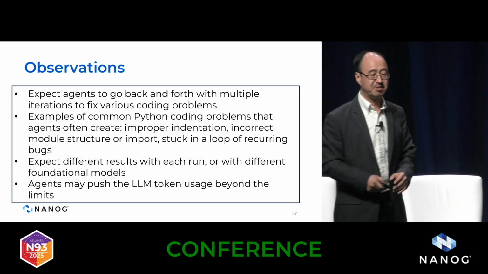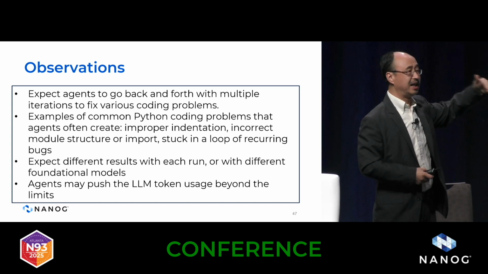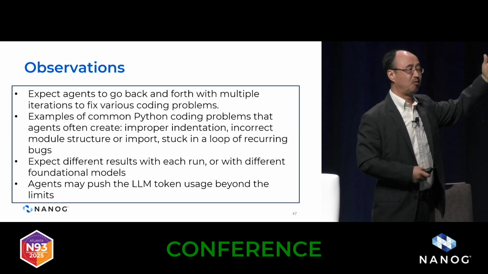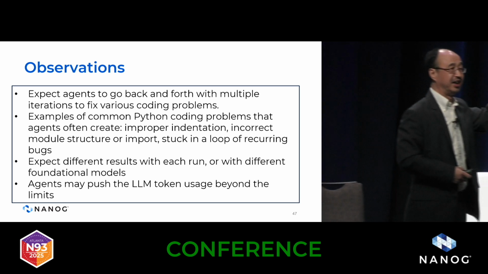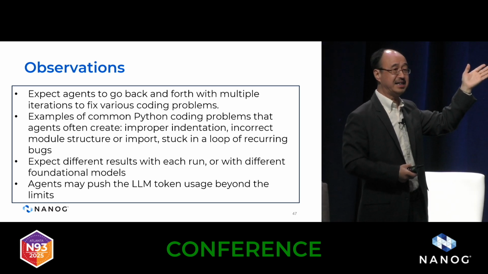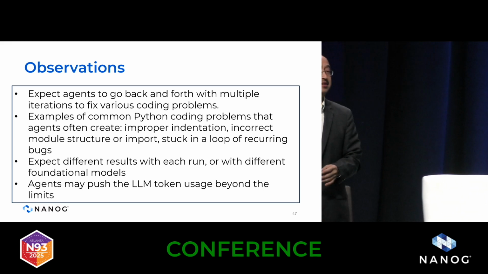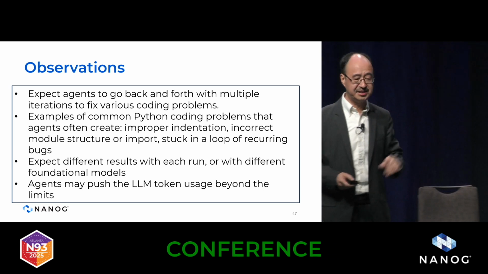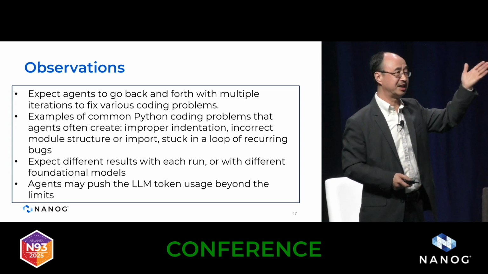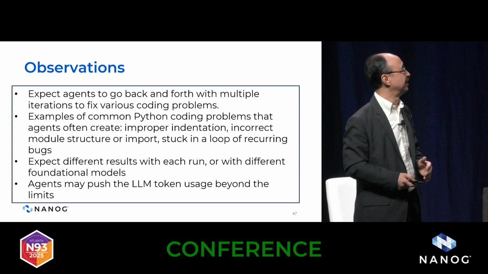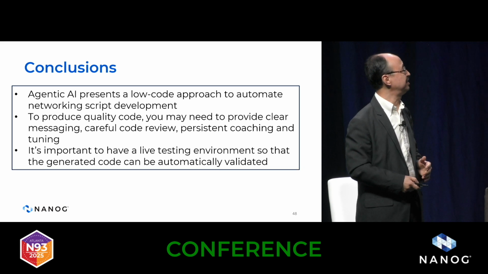Then quickly, a summary. So agents may go back and forth. And there may be some common problems. One of the common problems for agents when it comes to Python is the indentation. Agent has a hard time creating the right indentation, and you may have different results when you run at different times, with different models, and you're going to use a lot of tokens. Keep that in mind.